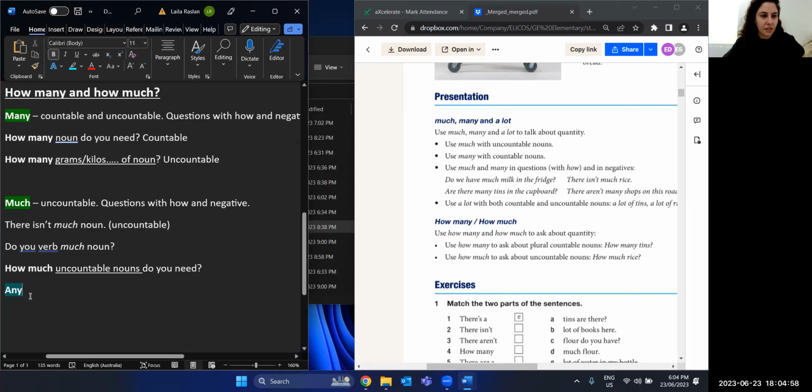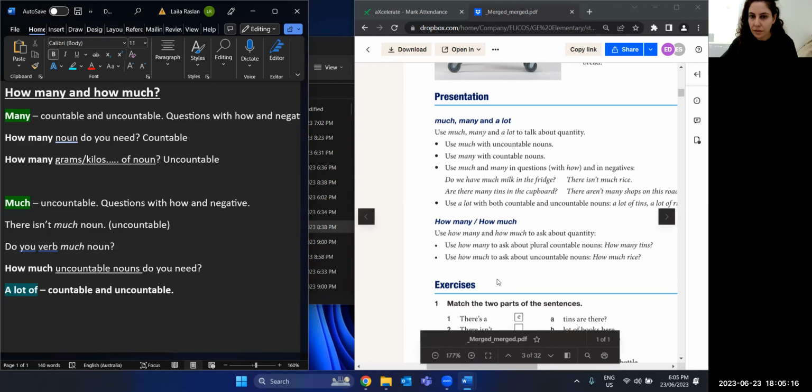A lot of, with both countable and uncountable. Okay, how many? Plural, countable. Use how much to ask about uncountable nouns.